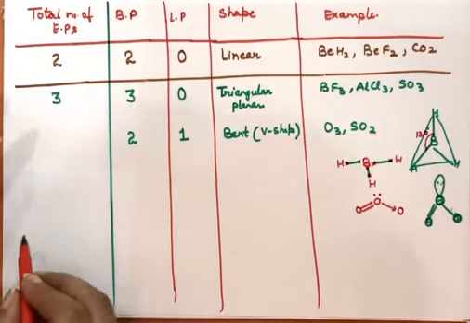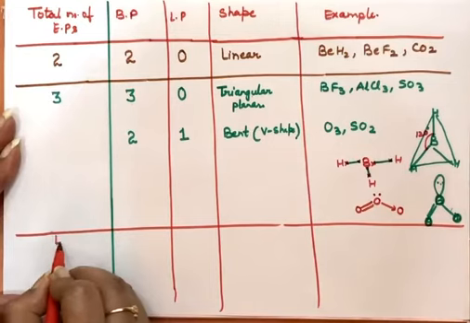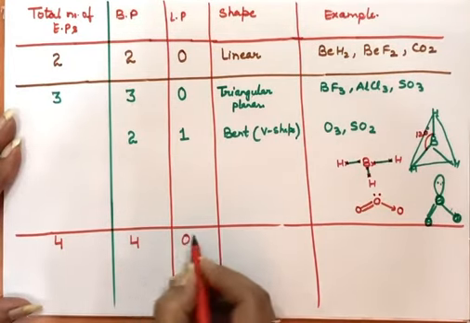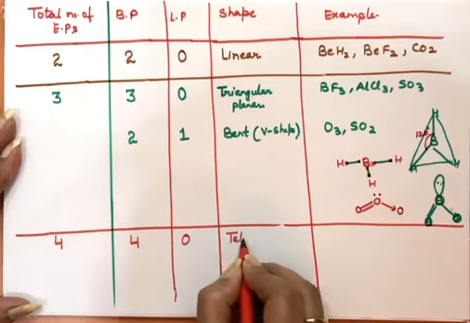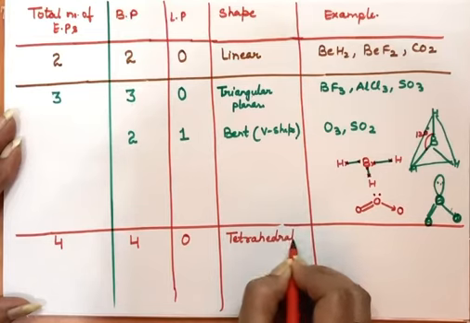Now after this, if there are 4 electron pairs and all 4 are bond pairs, no lone pair is there, the shape is regular, no distortion, it is tetrahedral shape.